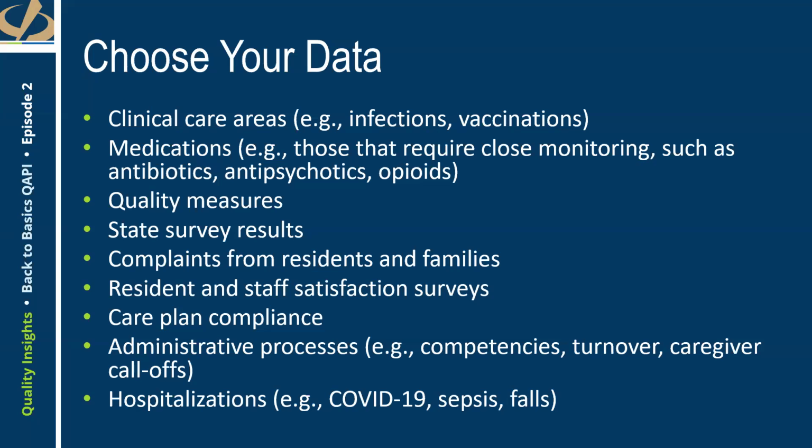Key areas to focus on include clinical data such as infections, pressure ulcers, falls, and high-risk medication use, as well as feedback from complaints, resident input, and caregiver satisfaction surveys. Monitoring outcomes like hospitalization, care plan compliance, and state surveys provide a different piece to the puzzle, and workforce data like staffing patterns or injuries are also essential for improving facility operations.